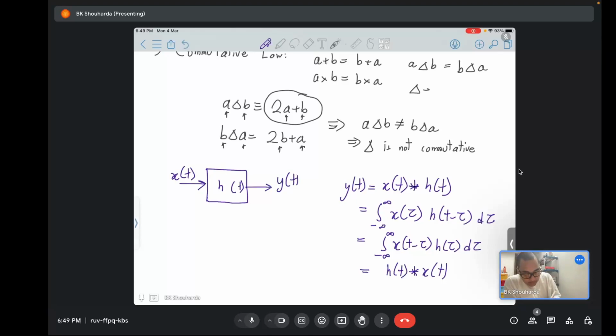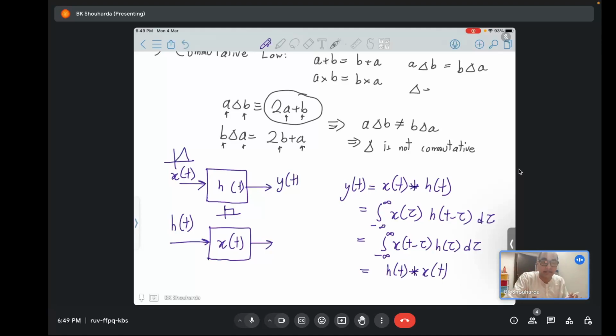So what can we do? Let's suppose I have this x of t as a triangle and this h of t of the system is a square. I am defining these as signals by the names xt and ht, not meaning input signal and impulse response anymore.